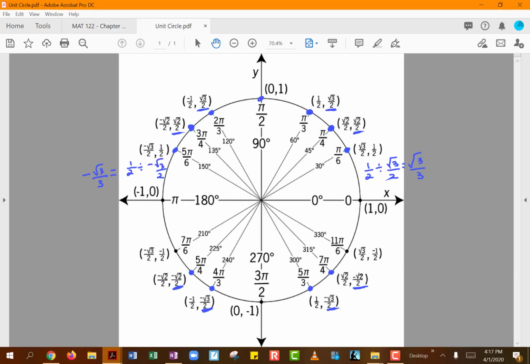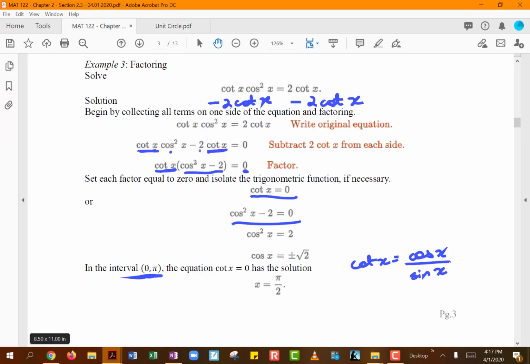So here, my cosine value is 0, sine value is 1, right? Here at the pi half coordinate. So that means you are taking 0 divided by 1, which gives you 0. So in this interval from 0 to pi, you will get 0 only at this angle of x equals pi halves.